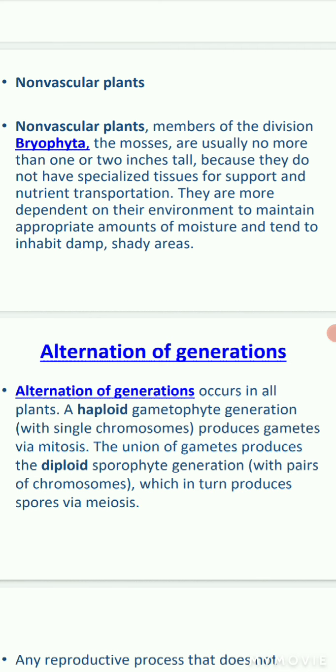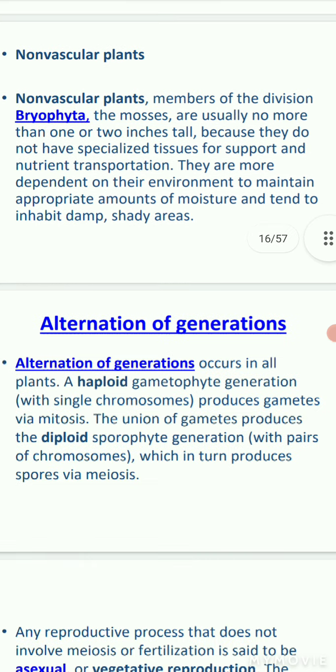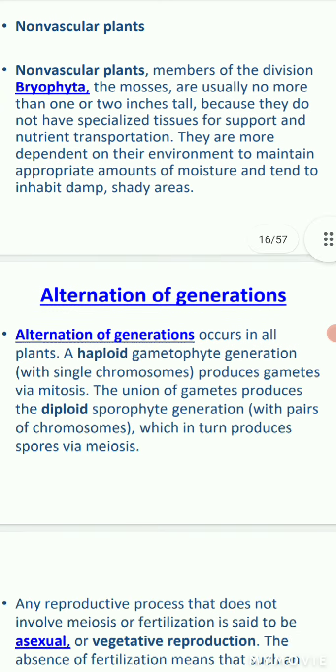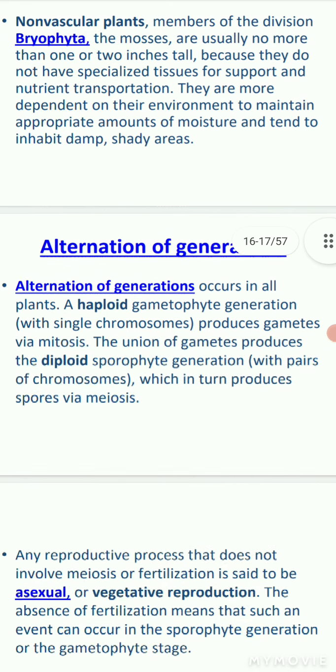A haploid gametophyte generation with a single chromosome set produces gametes via mitosis, and the union of gametes produces a diploid sporophyte generation with two sets of chromosomes, which in turn produces spores via meiosis, and this is called alternation of generation.